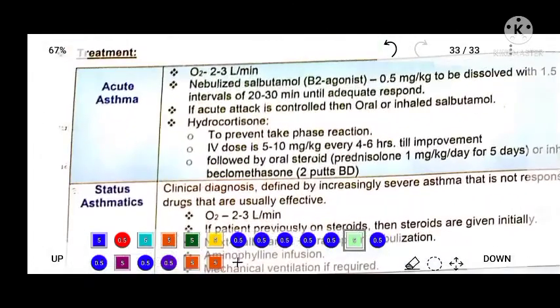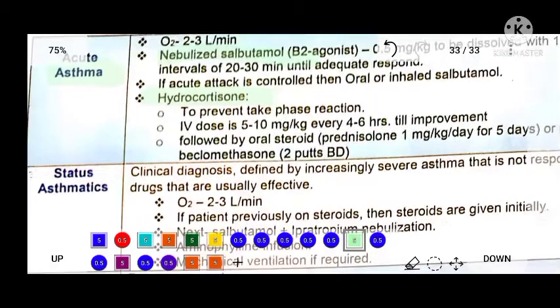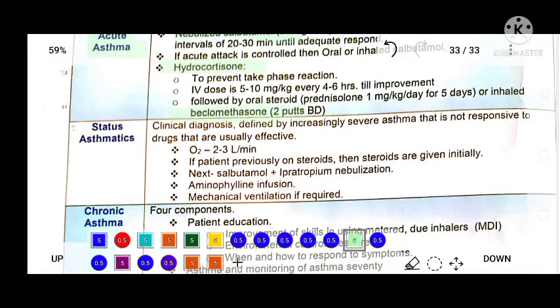So, in acute asthma, treatment will be nebulization of salbutamol, and hydrocortisone should be given, and betamethasone is also given. For status asthmaticus, there should be salbutamol with ipratropium nebulization.